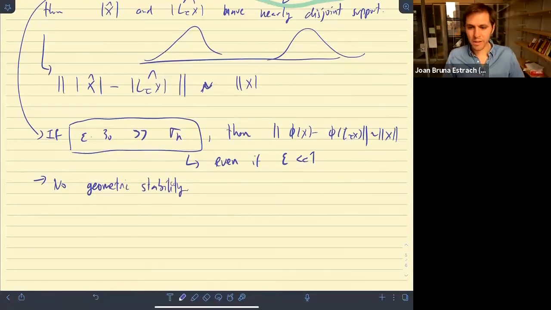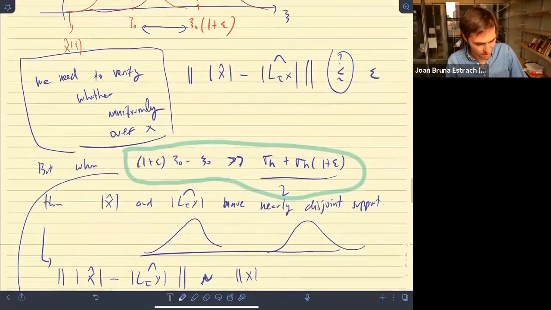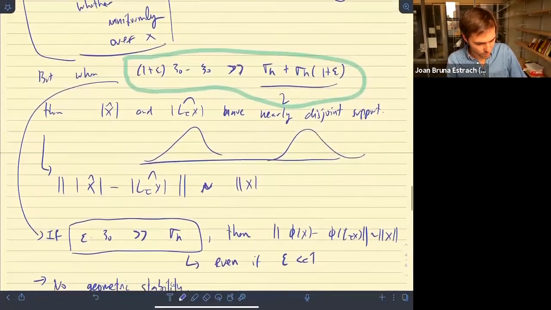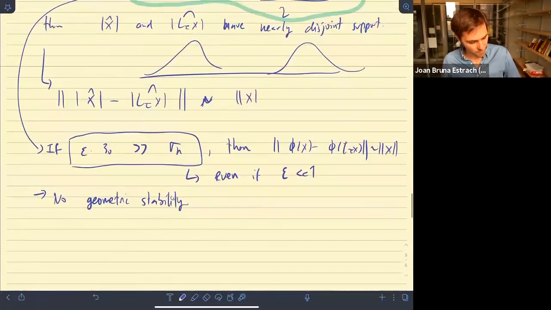And here now you see why, obviously, what I wrote before was not true, right? Because you don't want to allow your stability constant to depend on x. Because of course here what you see is that the difference between the two functions blows up the more you go into the high frequencies, right?